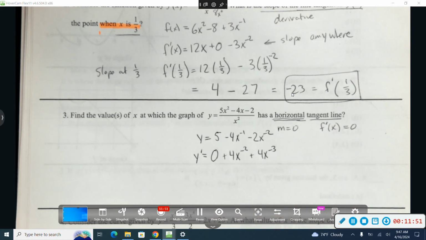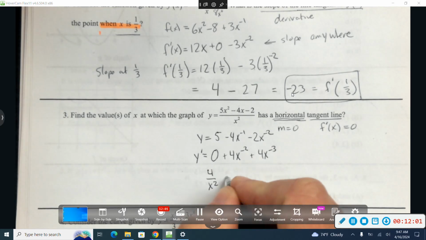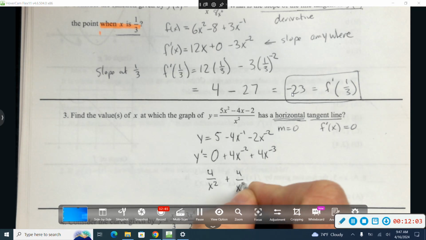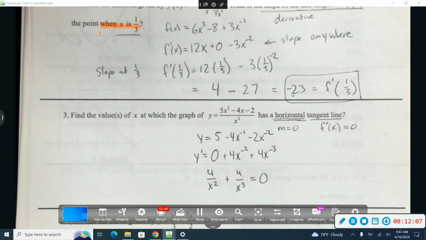What do we want to do with that derivative? Find out what equals 0. Yeah, set it equal to 0. Don't plug in 0, but set it equal to 0. So 4 over x squared plus 4 over x cubed equals 0. Oh, that's kind of yucky algebra. Thoughts on what we should do algebra-wise for that?